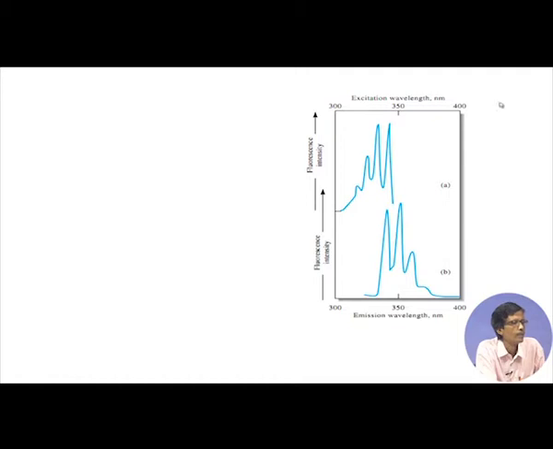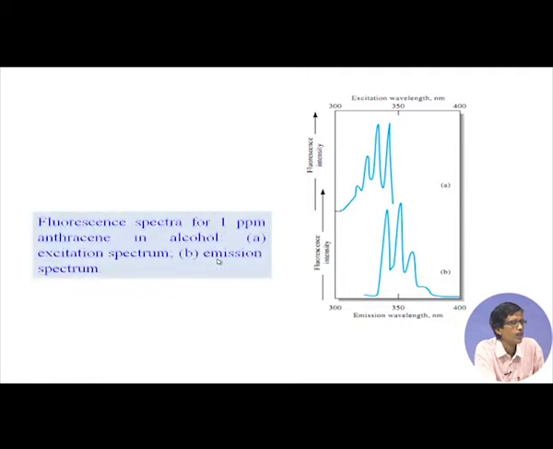So, we just plot this from 300 to 400 nanometers, and this one is very characteristic, which is the fluorescence spectra of a level. You see how low a concentration we can handle, 1 ppm of anthracene, because anthracene is a very rigid molecule.